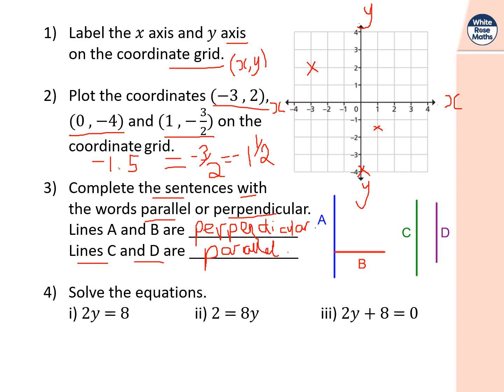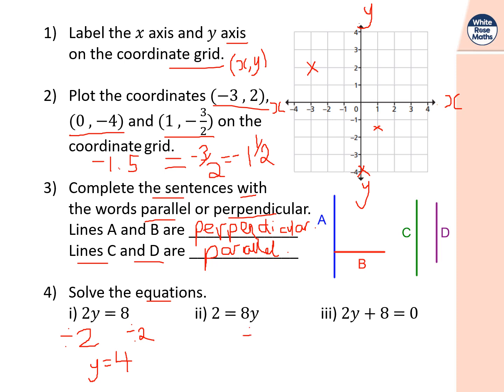Question number 4, solve the equations. Part i, 2y equals 8. Divide both sides by 2, and we get that y is equal to 8 divided by 2, which is 4. So y is equal to 4. This next part, 2 is equal to 8y.